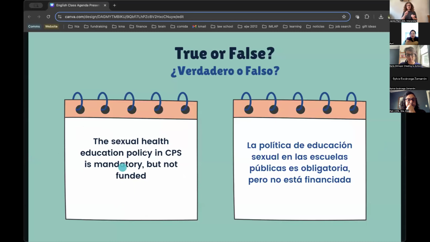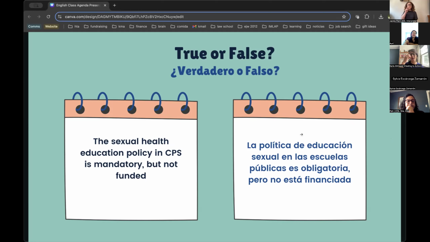So the next one, the sexual health education policy in CPS is mandatory but not funded. True or false? What do folks think? Yes, I see true in the chat, and yes, that's true.